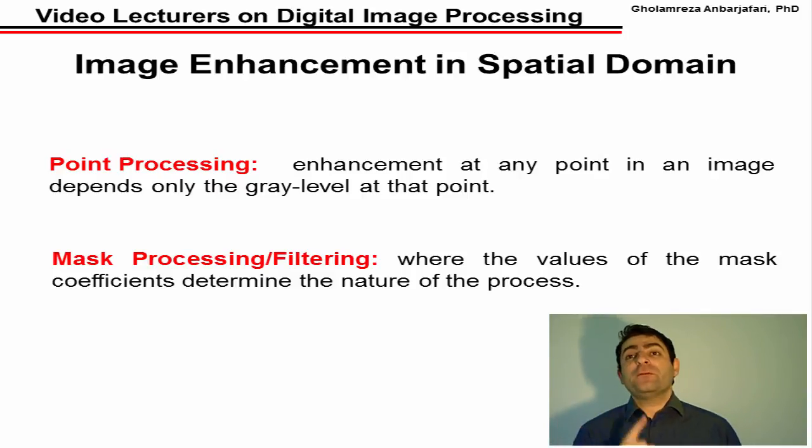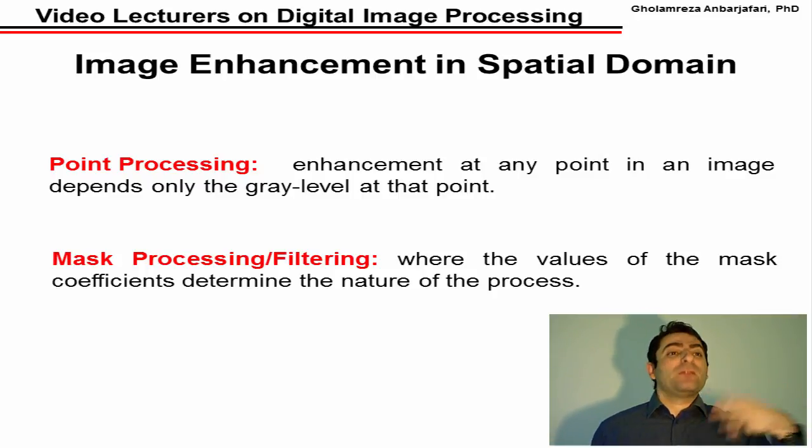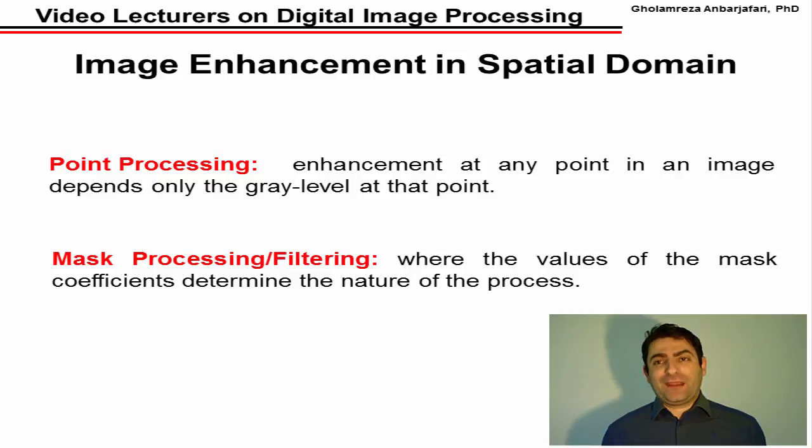We will see a few famous masks, and based on the weights and values in these masks, we call them different names because they will do different duties. An image enhancement method using the mask approach is called mask processing or filtering.